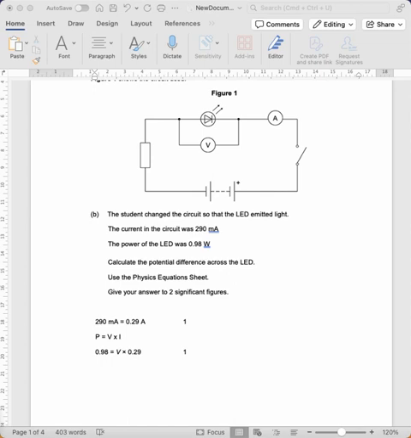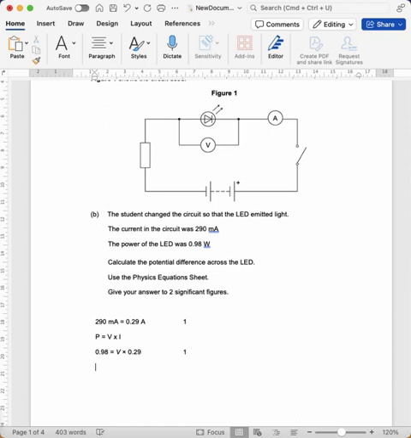Next thing we're going to do is rearrange the equation to make sure we can find V. So remember, we have to do the same to both sides. So whatever we do to this side, we must also do to this side, as in any equation. So to get V by itself, the opposite of times by 0.29 is divide by 0.29.